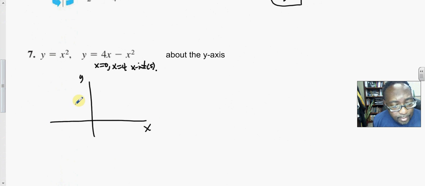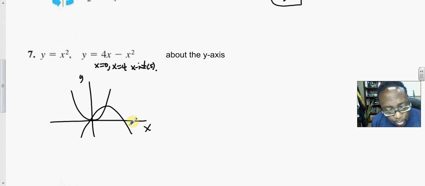Let's see if we can graph this. We have that parabola going upward, then the parabola is going downward. Remember, this was the one that gave us the moon. And this is being rotated about the y-axis.